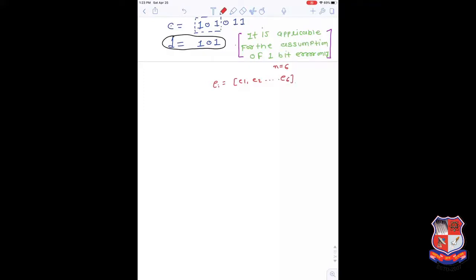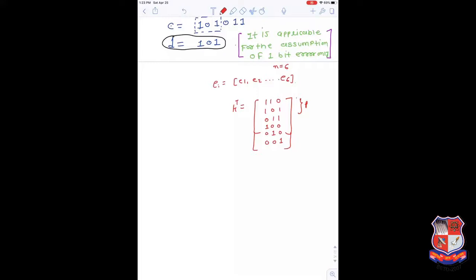And the HT matrix is known, so I randomly choose the HT matrix: 1 1 0, this is a parity part, 0 1 1. This is the parity portion, and there would be an identity matrix, so 1 0 0, 0 1 0 and 0 0 1. So we can form it this way.